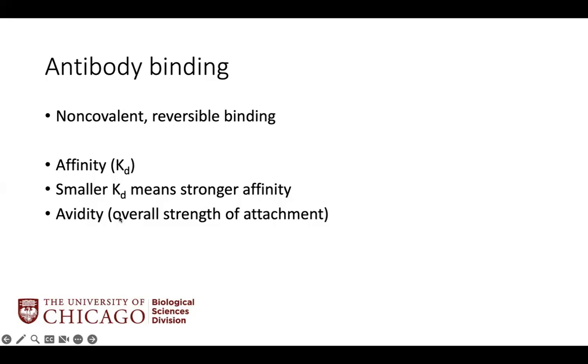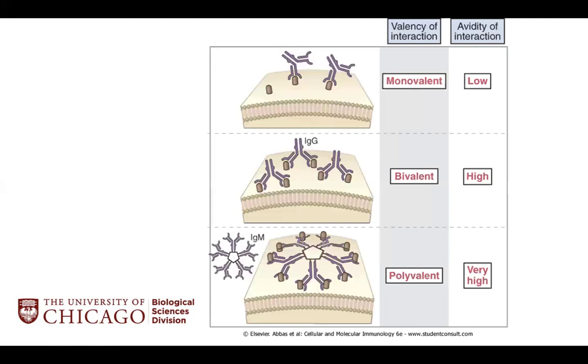There is avidity, and this speaks to the overall strength of the attachment, and it is increased by the number of sites you have to actually bind to the antigen. I think I have a nice picture here. So here is monovalent. This would be something like an IgG binding with just one side. It has a very low avidity.